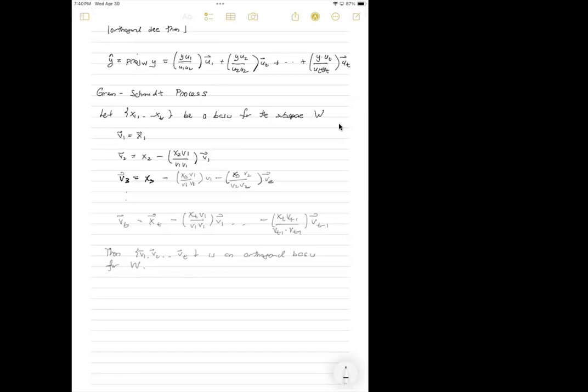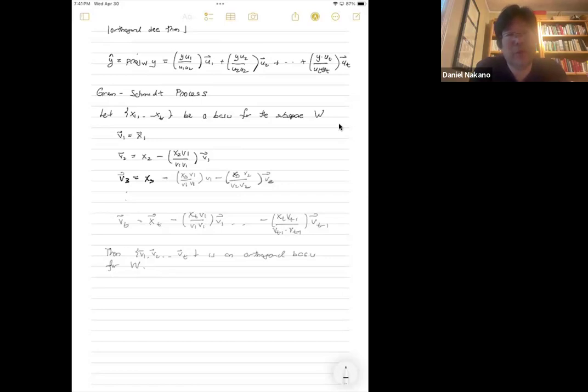Should v1 always be the first thing you subtract? Well, if you permute the basis elements, then you could still apply the process and get an orthogonal basis.